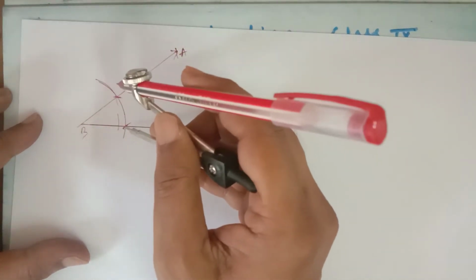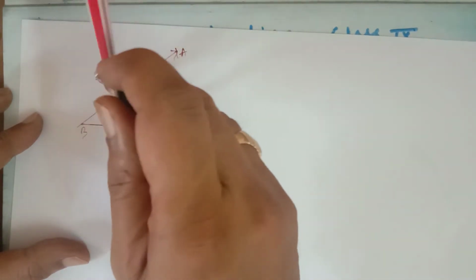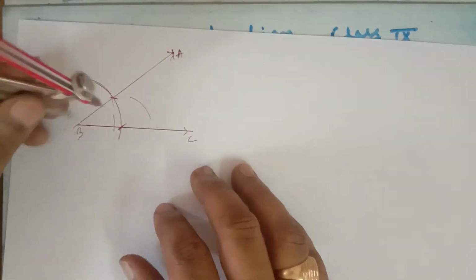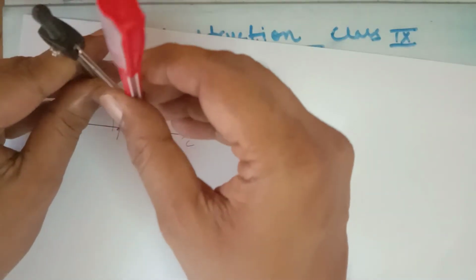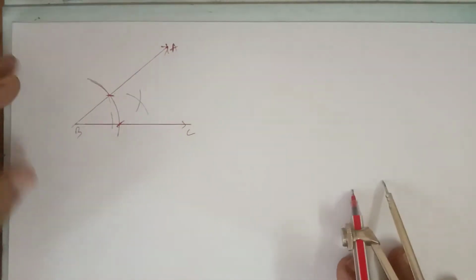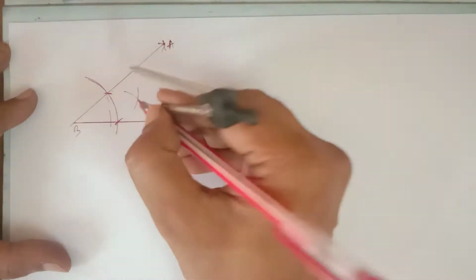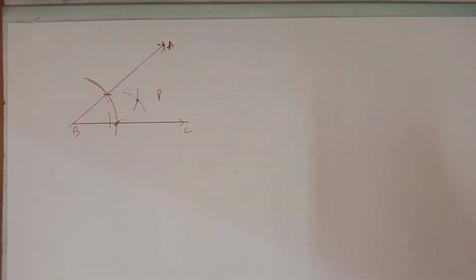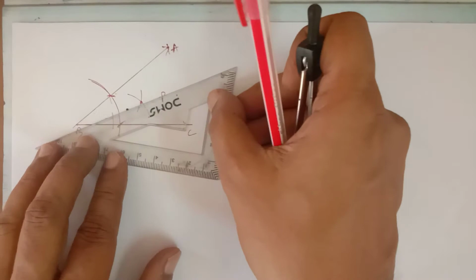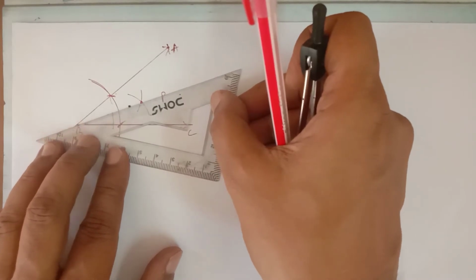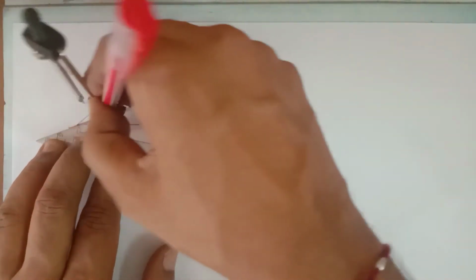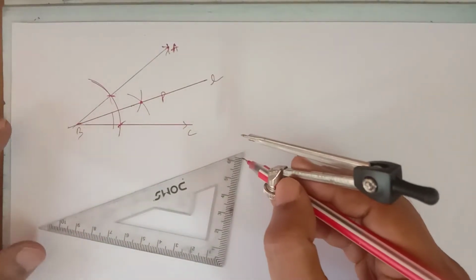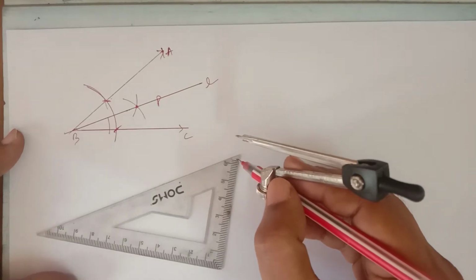With these two as a center and a radius more than half of this arc, cut arcs, first arc like this, and with this center you cut the first arc like this, intersecting each other at P, and join this with B using the scale. So this line will be the angle bisector of this angle ABC by using the compass and scale.